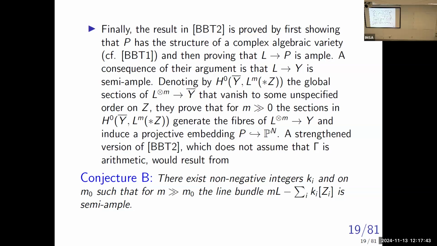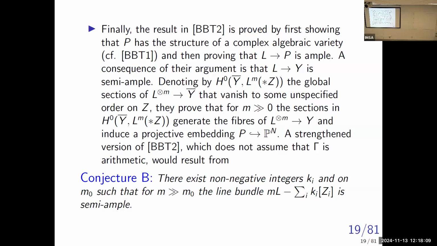Assume that the period mapping is locally one-to-one on the open part. So you're adding some stuff to a mapping that's basically an immersion. And the stuff you're adding are just the branches at infinity for the normal crossing divisor.